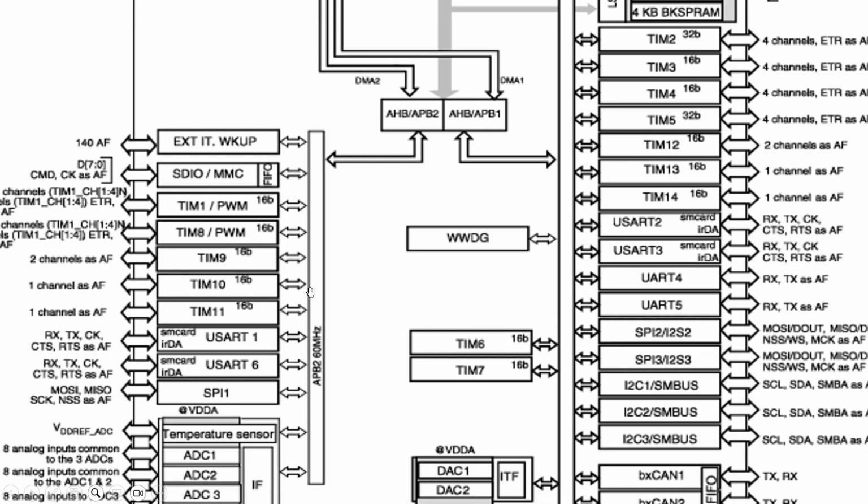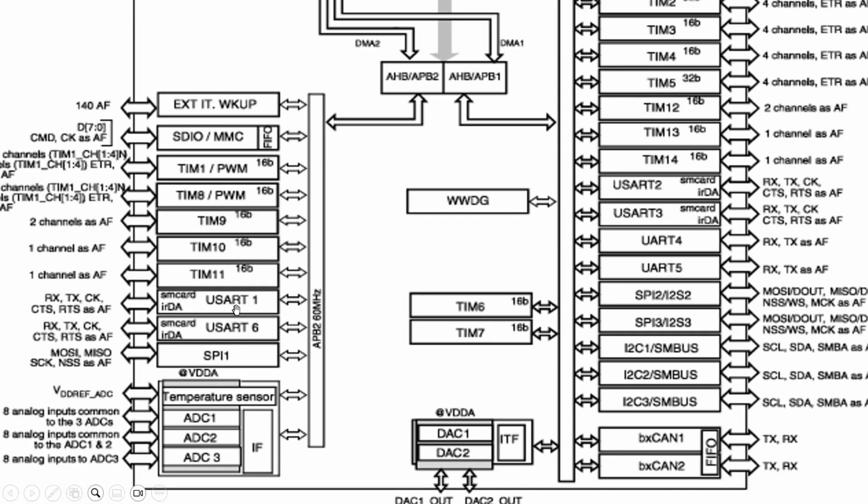Timers, USART, SPI. SPI is connected to the APB2 bus, and ADC1, ADC2, ADC3 are connected to the APB2 bus, and the frequency of the APB2 bus is 60 megahertz.